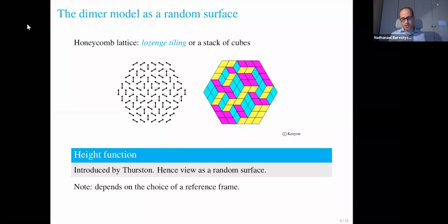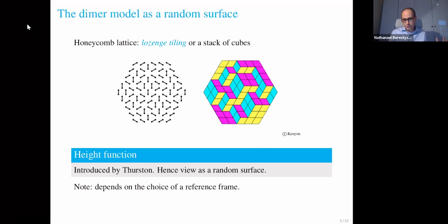But as you can see, as soon as you draw a picture like that, there is a way to interpret this picture by just viewing this set of lozenges now as a stack of cubes that you're seeing, as if there's a room somehow, and here's the corner of the room, and you have this stack of cubes on top of one another.